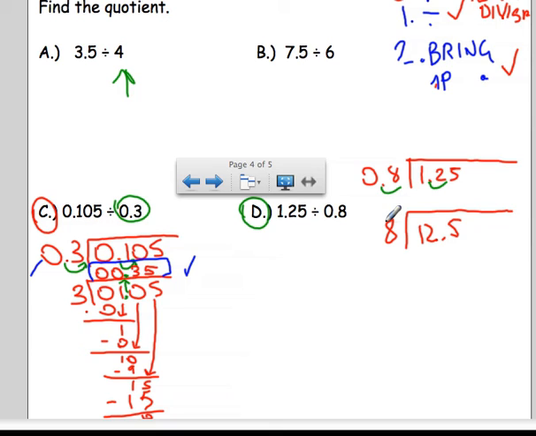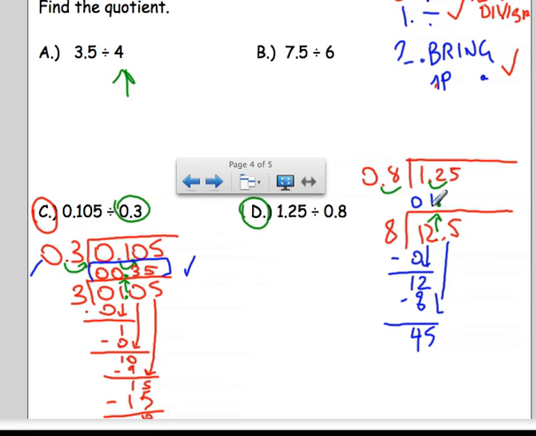Keep going. If you divide it from there, 8 goes into 1 0 times. 8 goes into 12 1 time. I have 4. When I bring down the 5, before I continue, I remember that my decimal is brought up. So my answer will be 1 point something.